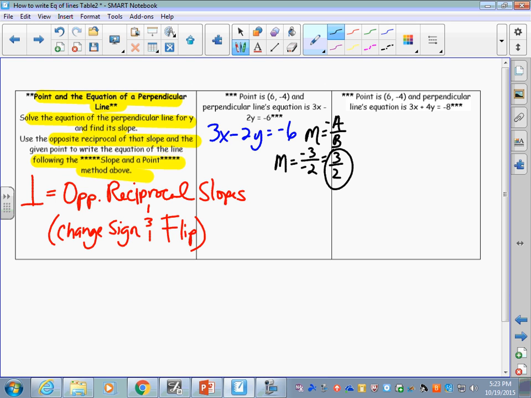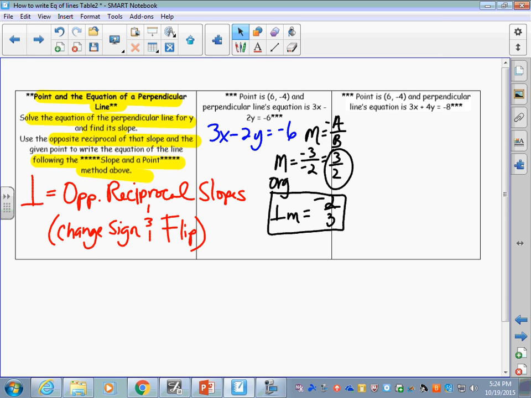That's the original slope. Now we want to do the perpendicular slope. So I'm just going to draw the upside down T, and I'm going to take the original slope, change the sign. So if it's starting off as positive, now it's going to be negative, and then we're going to flip it. So this is going to be 2 over 3. So here's our perpendicular slope.